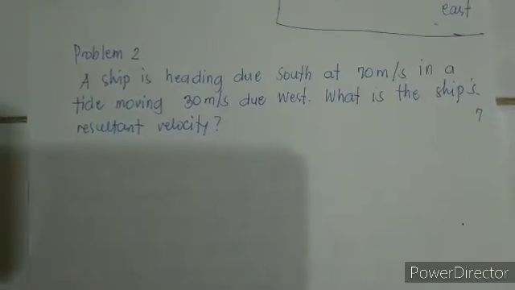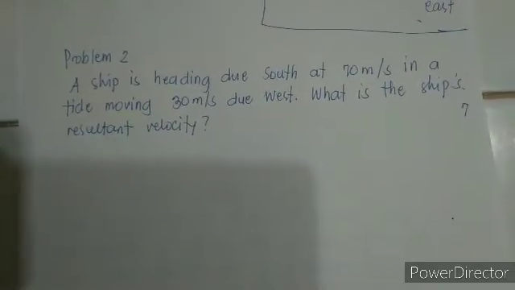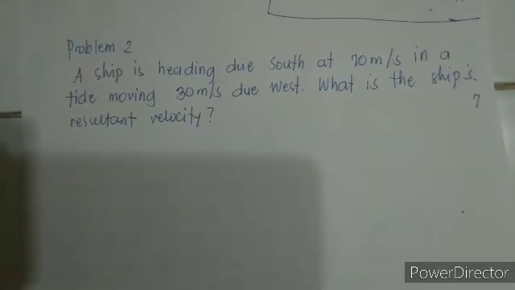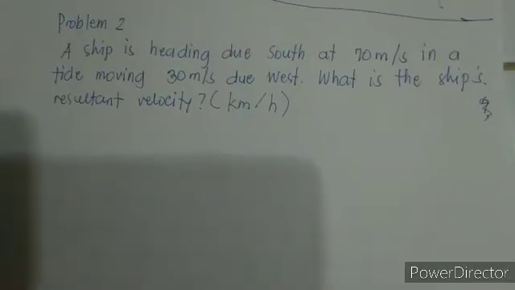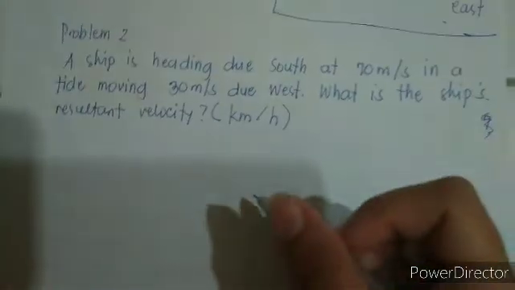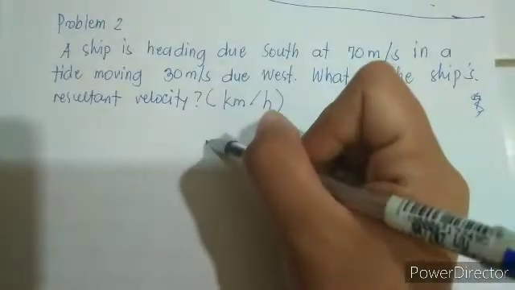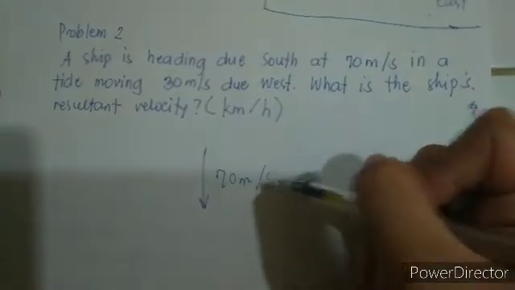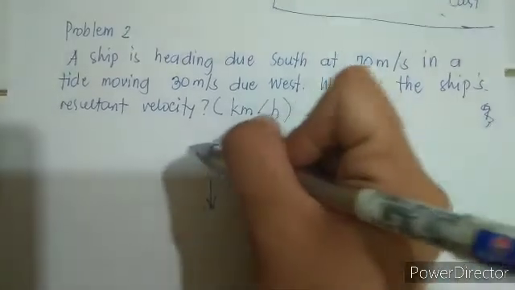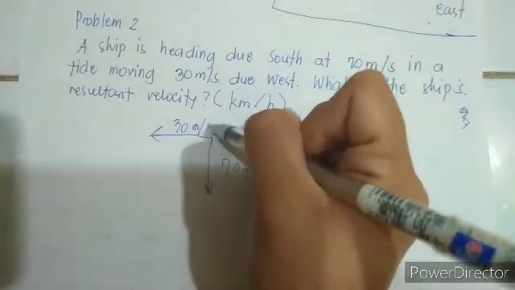Next is problem number 2. A ship is heading due south at 70 meters per second in a tide moving 30 meters per second due west. What is the ship's resultant velocity? First, we will illustrate it. So, 70 meters per second south, 70 meters per second, and then 30 meters per second west, 30 meters per second.